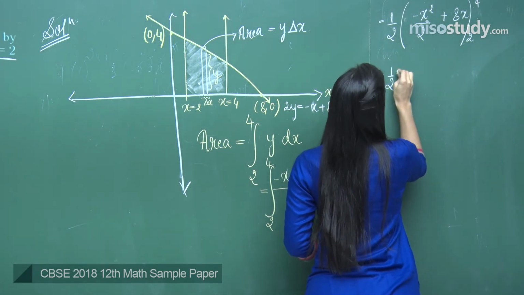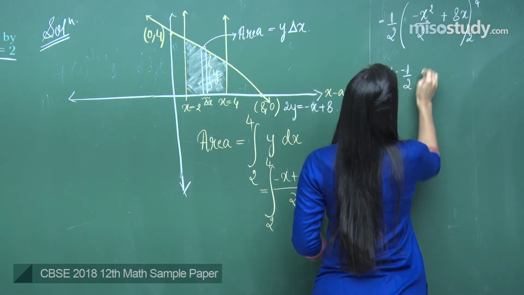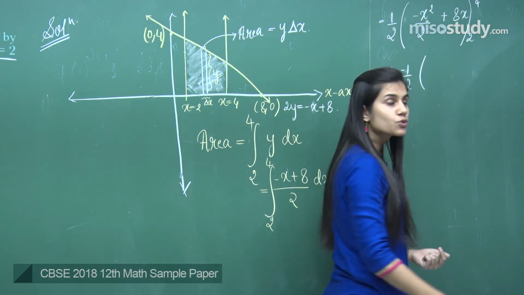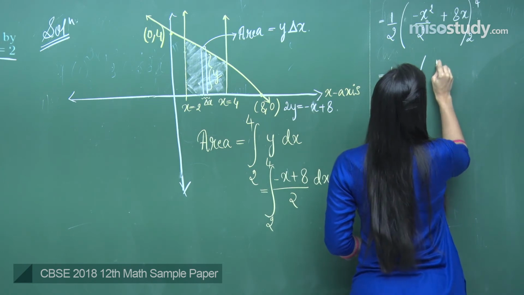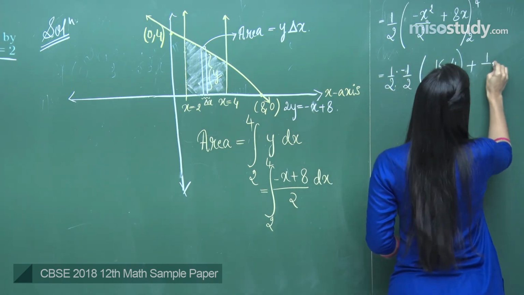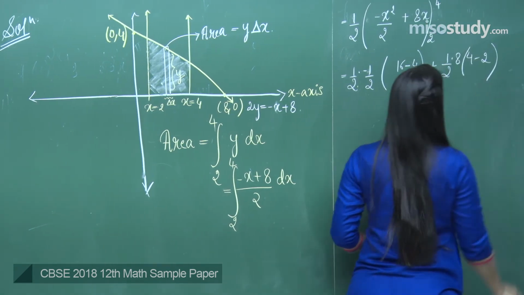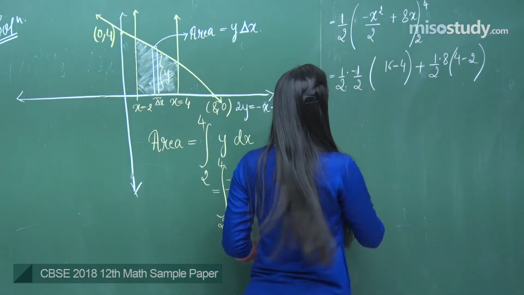So you get 1 by 2 into minus 1 by 2 into x square from 2 to 4. So this gives you 16 minus 4 plus 1 by 2 into 8, 4 minus 2. So what is it that you get?